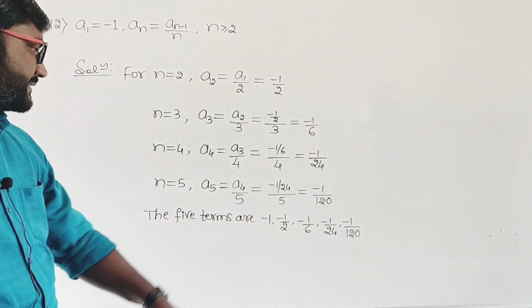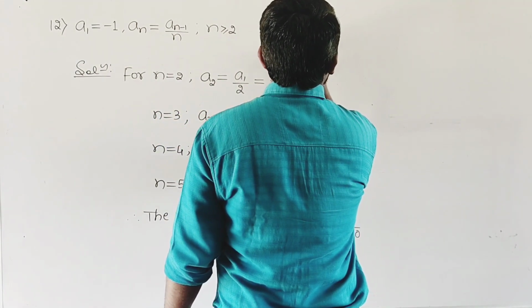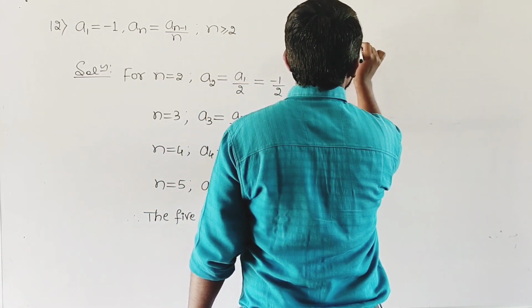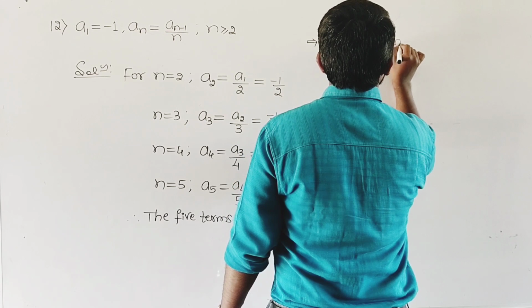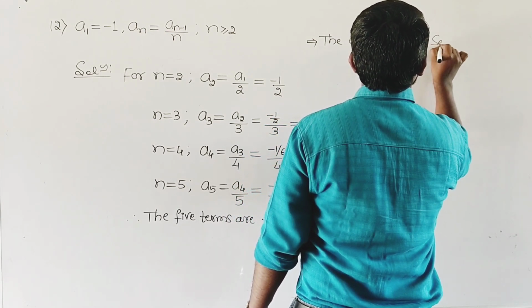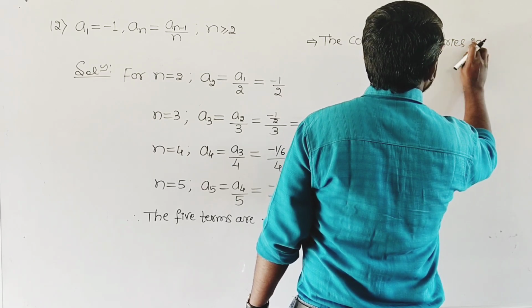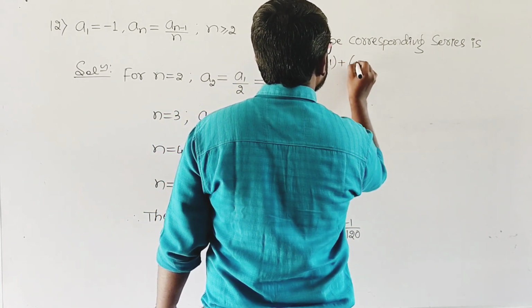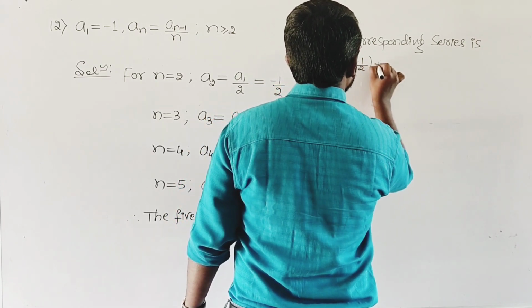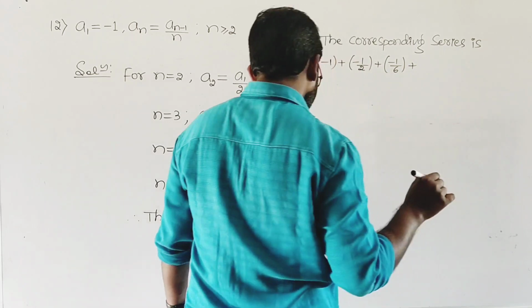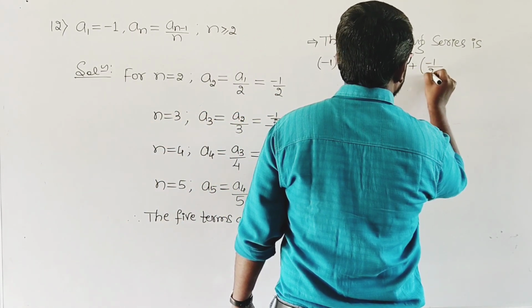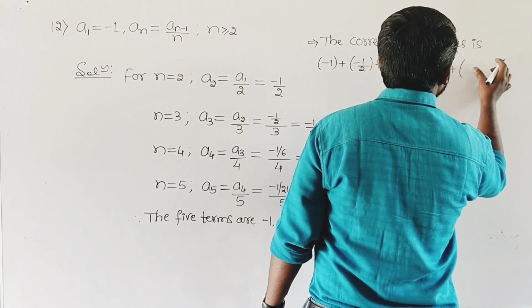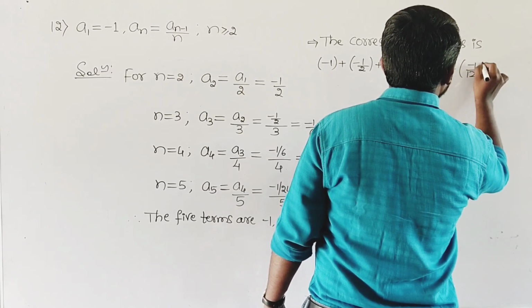Then we will have to write the corresponding series for this. So now this implies the corresponding series is: minus 1 plus minus 1 by 2 plus minus 1 by 6 plus minus 1 by 24 plus minus 1 by 120 plus, and so on.